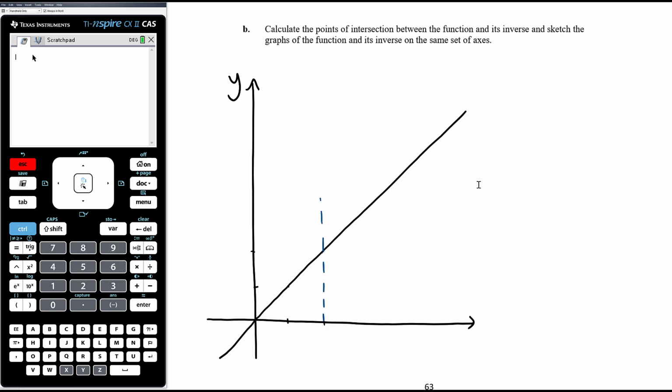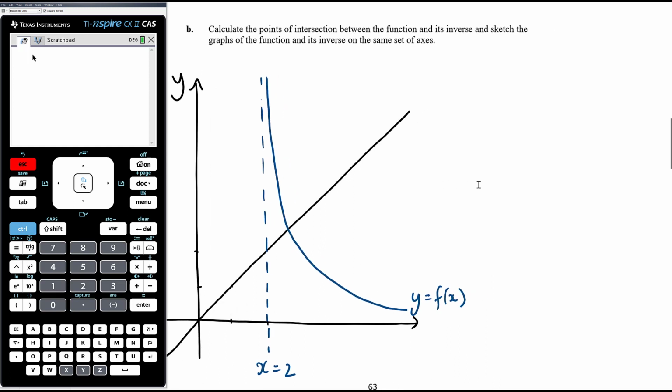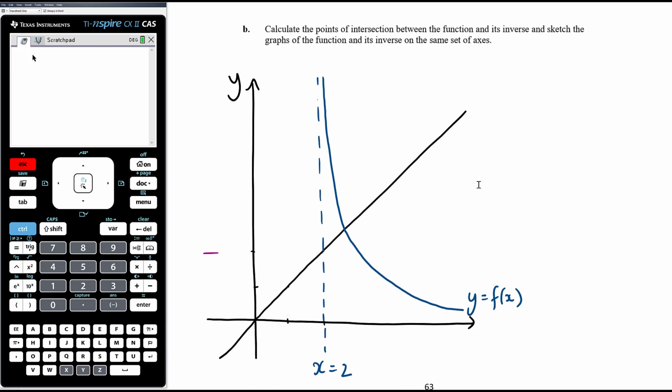So our original graph had an asymptote at x equals 2, and we were just looking at this part here. And then our inverse function, so this is y equals f of x. Our inverse function had an asymptote, so it's a hyperbola translated up by 2, so those asymptotes should intersect on that line y equals x.